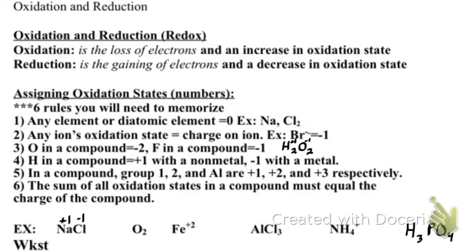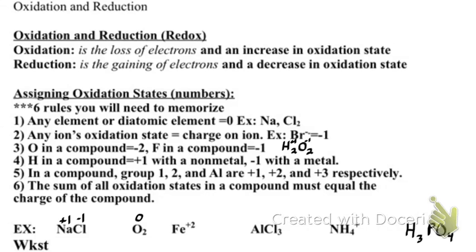Moving on, oxygen, O2, is a diatomic element. So any element or diatomic element has an oxidation number of 0. Because oxygen is one of our 7 diatomic molecules, its oxidation number is 0. Next we come to Fe2+.